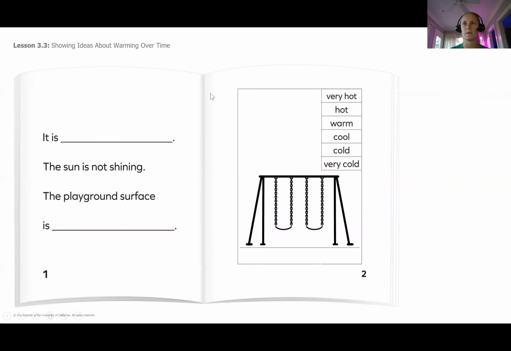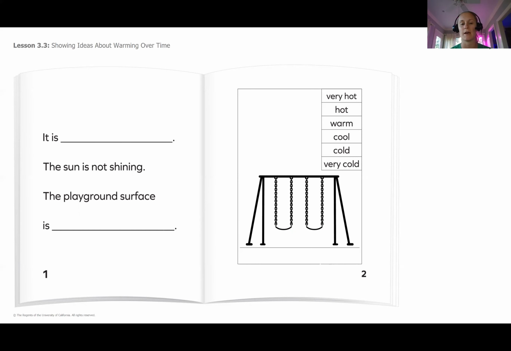Okay, here's our first pages. Okay, so it reads, it is blank, the sun is not shining. The playground surface is blank. So, what time of the day do you think it is if the sun is not shining? Do you think it's night? Do you think it's morning?